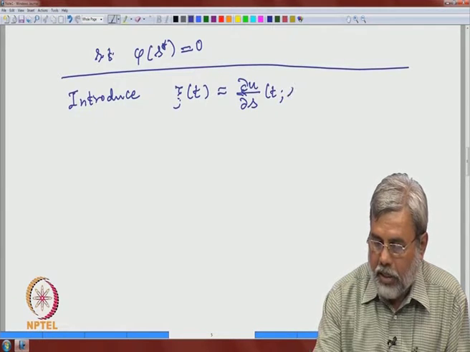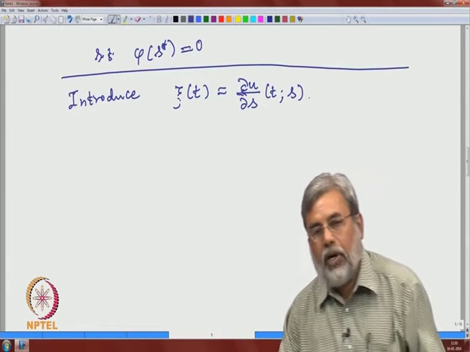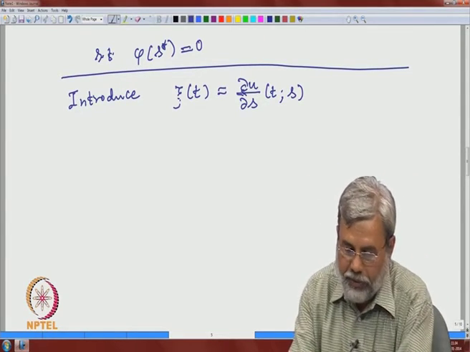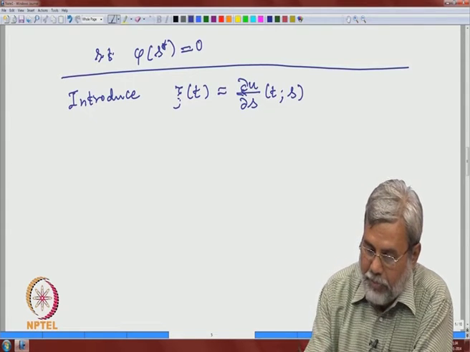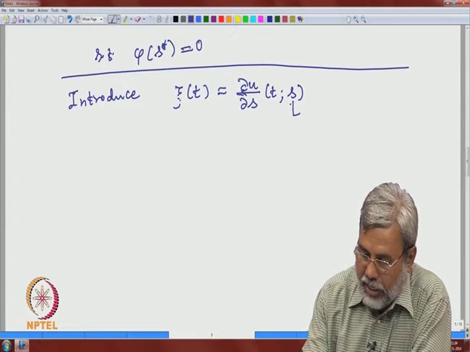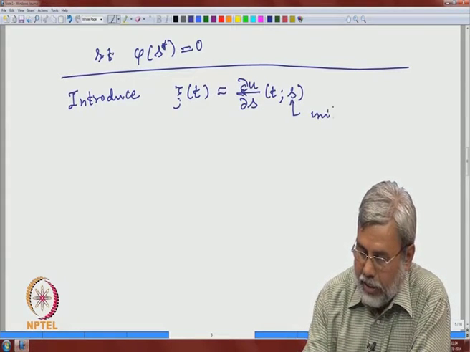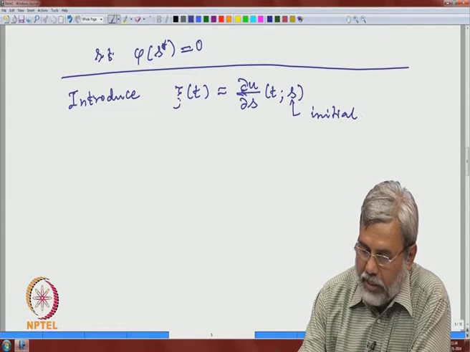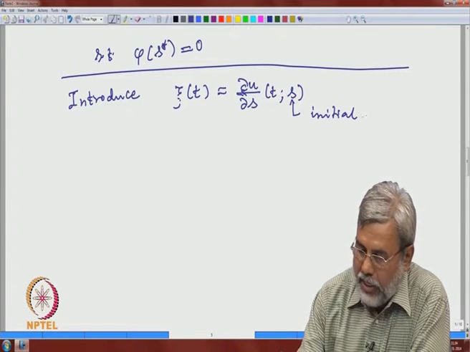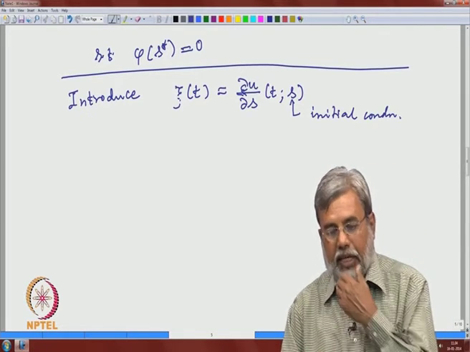Okay. So, I am taking the derivative with respect to s. Remember, s appears in the initial condition. So, now I am varying that s. So, I am considering u as a function of s, which appears in the initial condition.